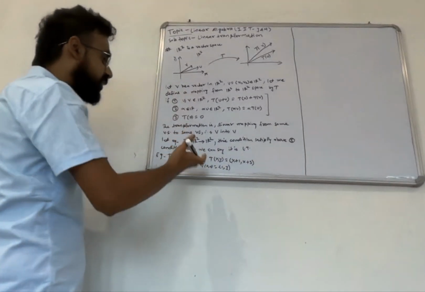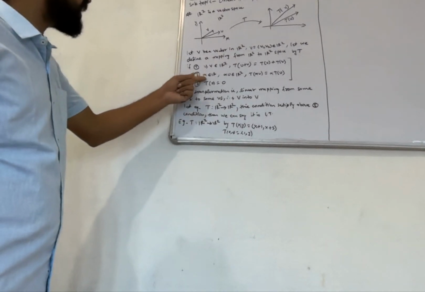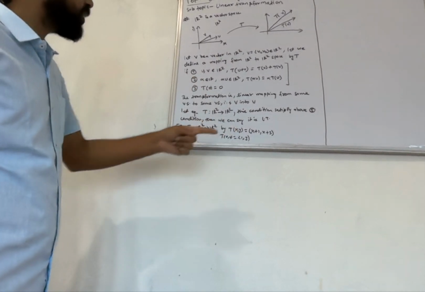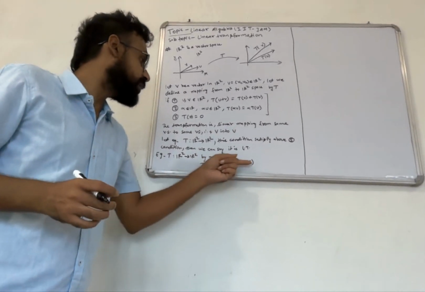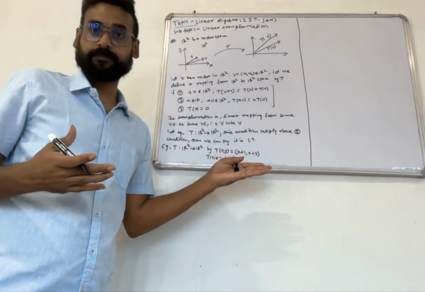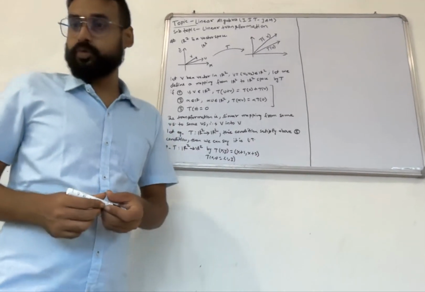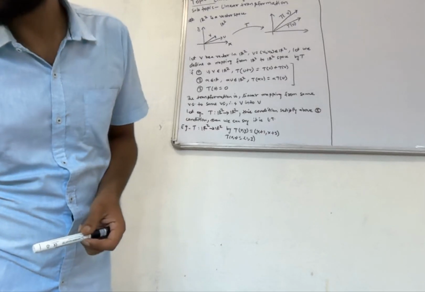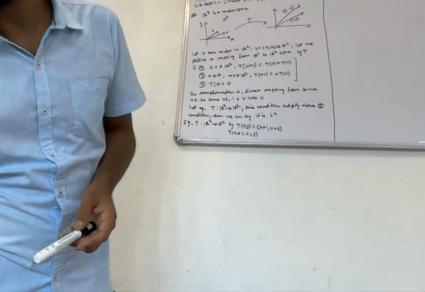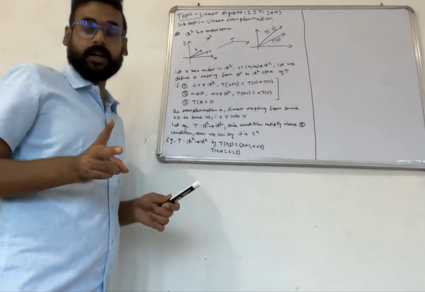So obviously it is not a linear transformation, and also if you take any scalar multiple of this, you cannot get it equal to this RHS. So it is not a linear transformation. Now we are going to do two examples.